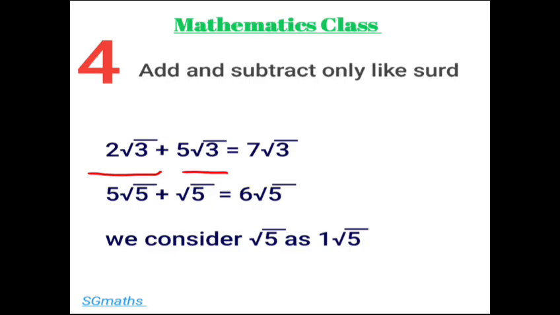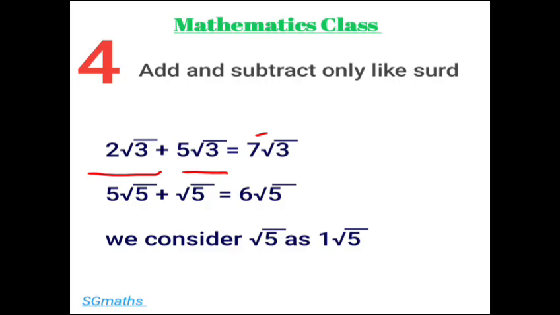So when you have the same surd like this, you can add them together. So you have the one that is behind the surd, which is 2, and the one that is behind the surd on that side, which is 5. So 2 plus 5 gives us what? 7.